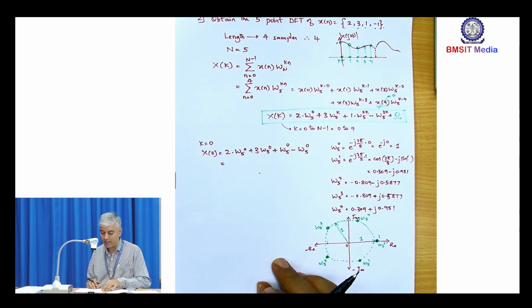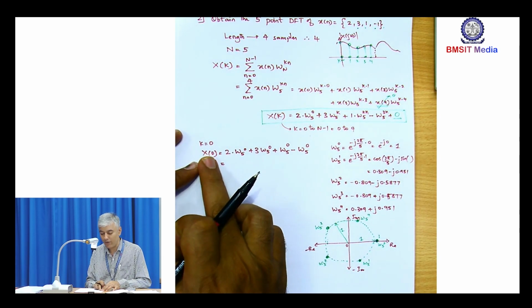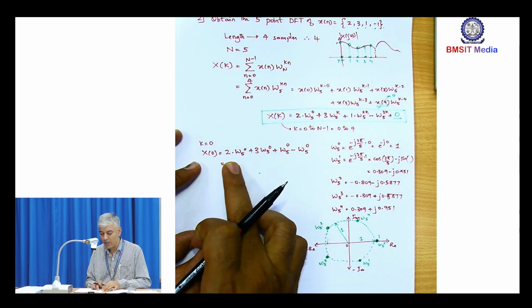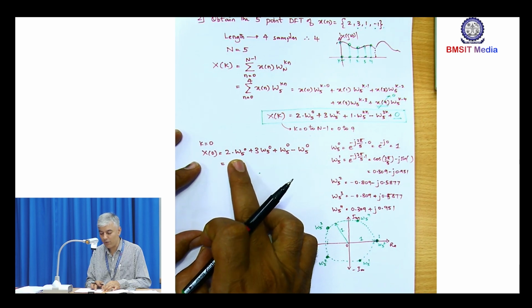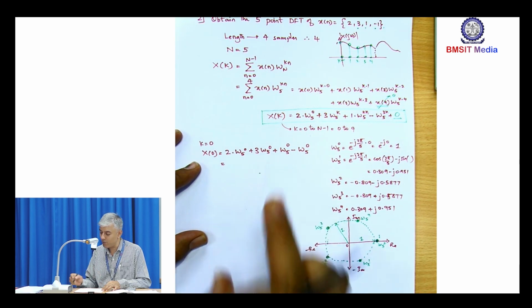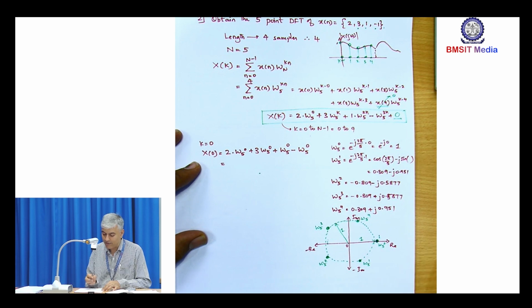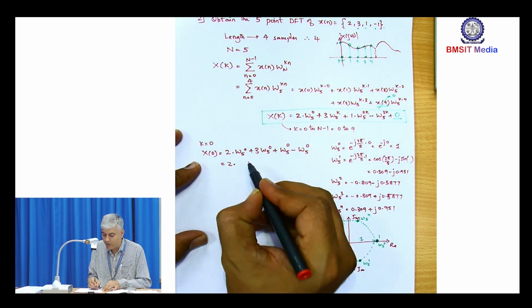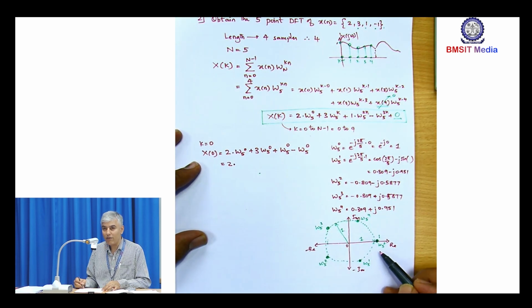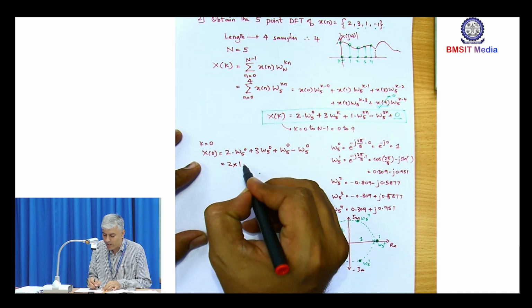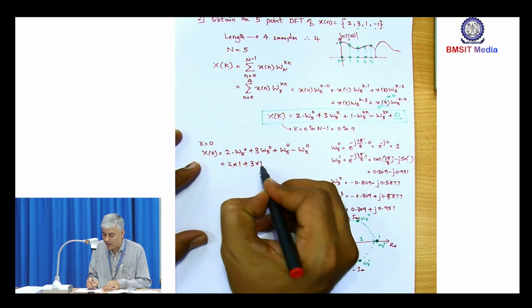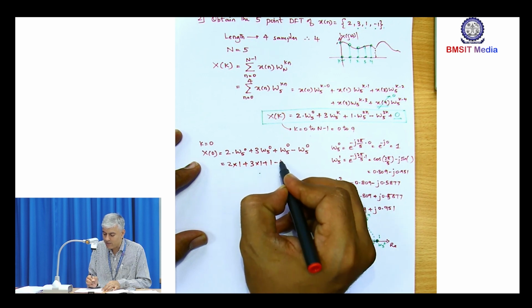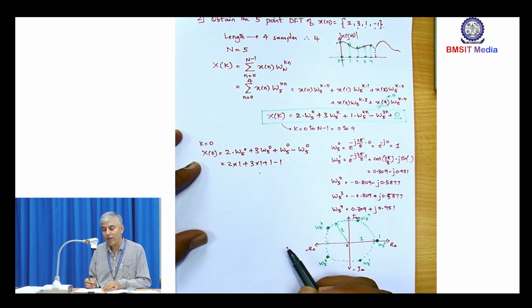Okay, so let's come back to solving this example. So k equal to 0 we have taken. X of 0 is 2 into W5 raised to 0 plus 3 into W5 raised to 0 and so on. So let us substitute these values. So this is 2 into W5 raised to 0. What is the value of W5 raised to 0? This happens to be 1. So 2 into 1 plus 3 into 1 plus 1 minus 1, because all are W5 raised to 0.